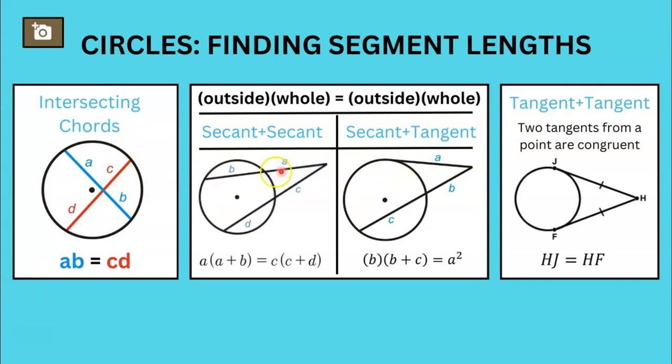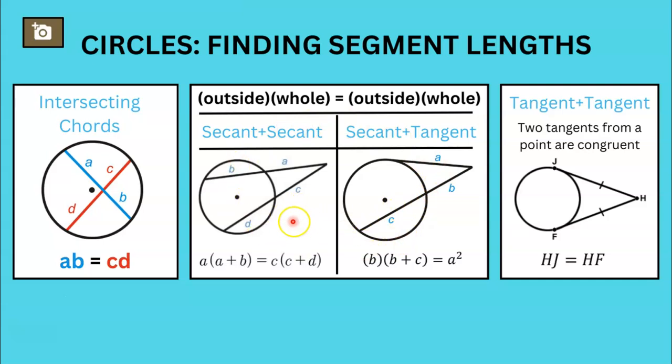You're given lengths outside the circle. So ignore this guy because there's nothing outside the circle here. He can't help you. This two tangents from a point is a very specific situation. It's kind of limited. I'm going to give you one length, ask for the other one. If it looks like a more complicated problem asking for a segment length, it's probably one of these two.